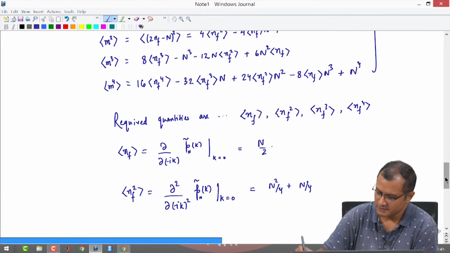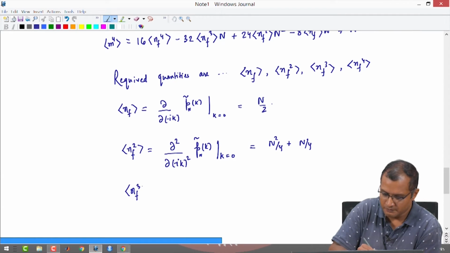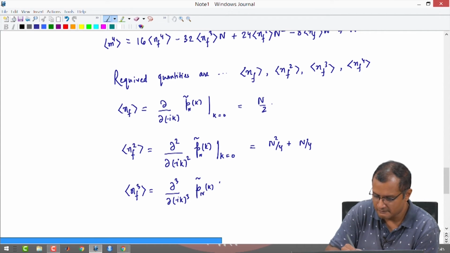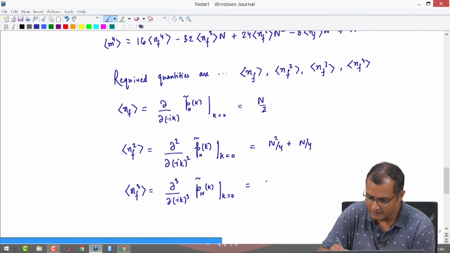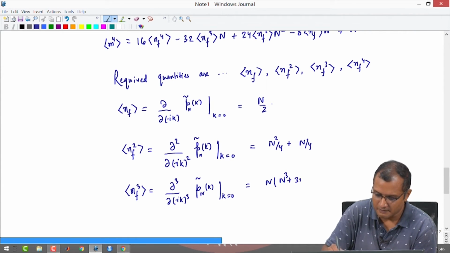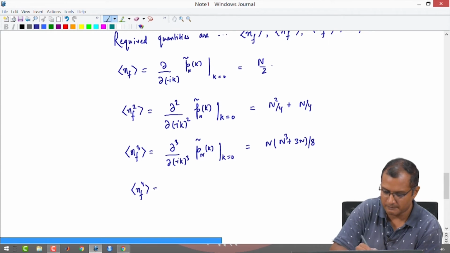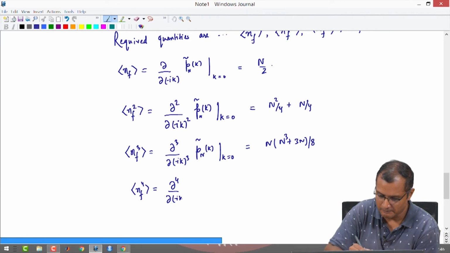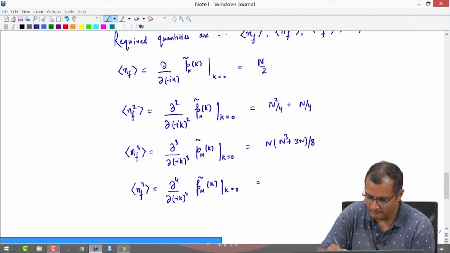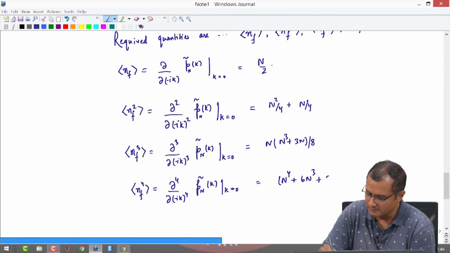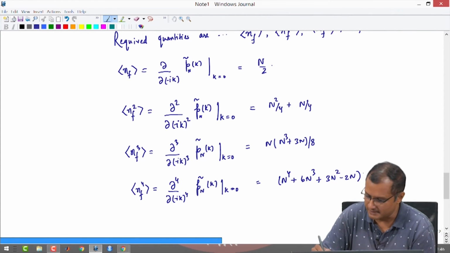Okay. Just work it out, and for NF cube you can compute this as the third derivative, and this will come out to be n into n square plus 3 n by 8, and the fourth moment will come out to be n 4 plus 6 n cube plus 3 n square minus 2 n by 16.